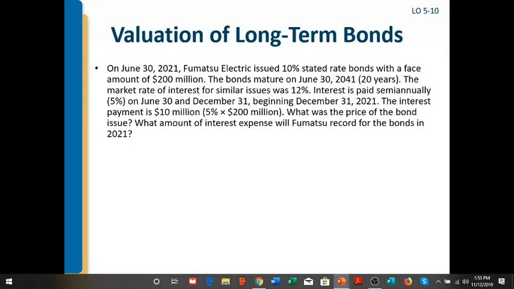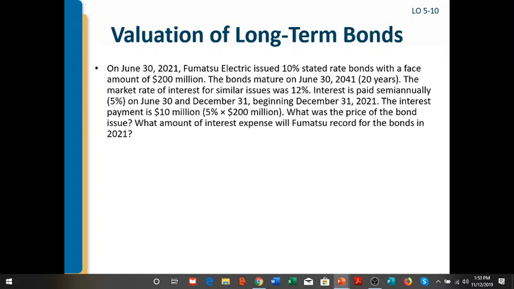Here we have an example of a company issuing a 10% bond with a face amount of $200 million. The bonds mature on June 30th, 2041, 20 years from the date of issuance. The market rate of interest for similar issues was 12%.